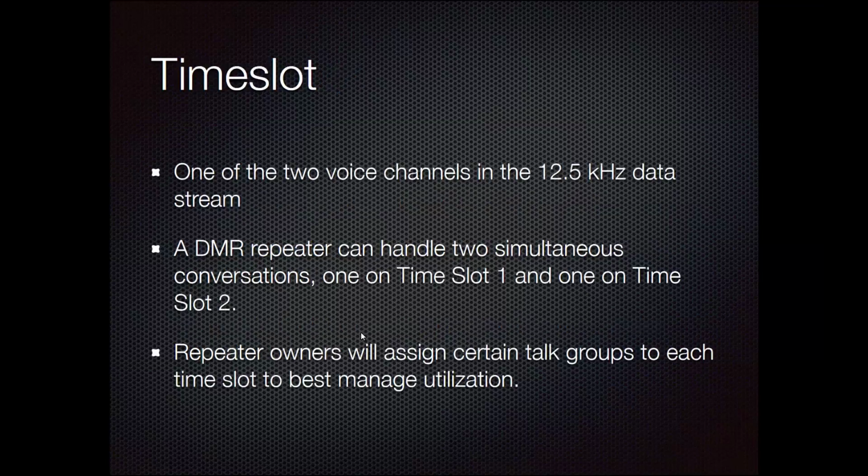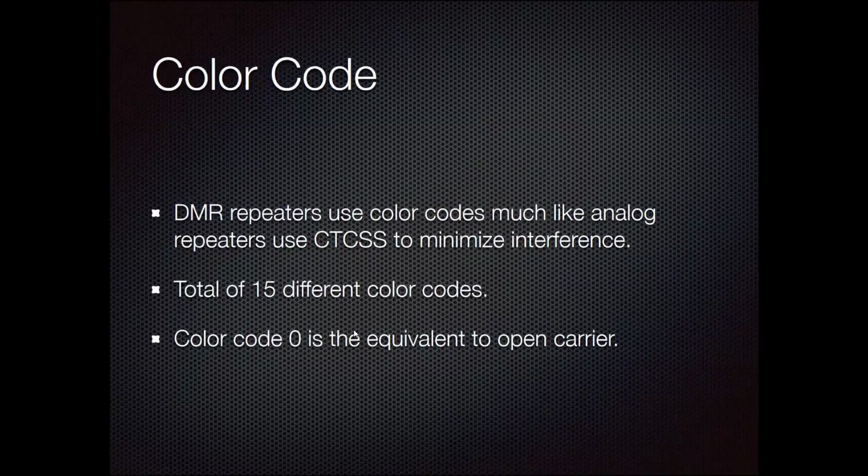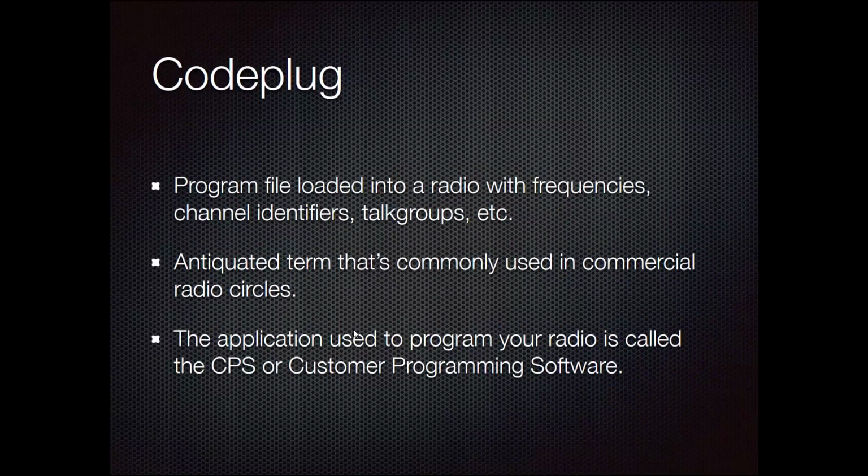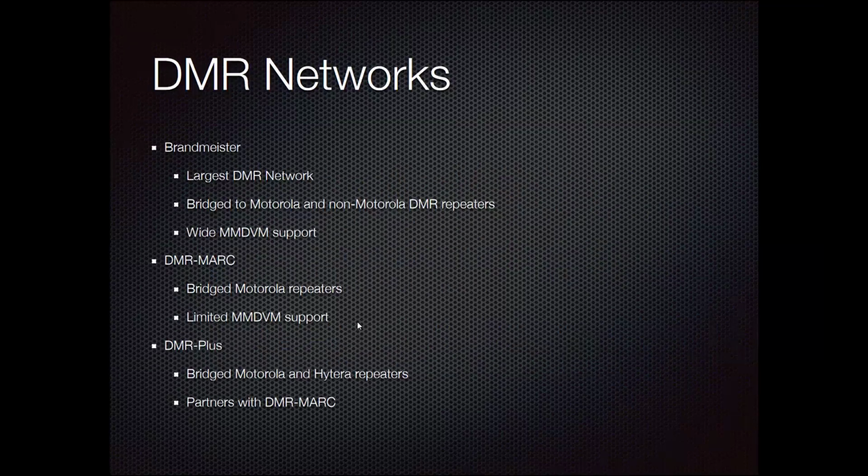I think I went over this and the color code, the code plug. Okay, so you have several networks. Brandmeister is the biggest one. Brandmeister, they are mainly MMDVM users.